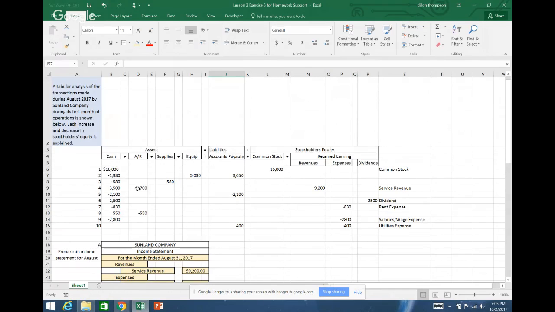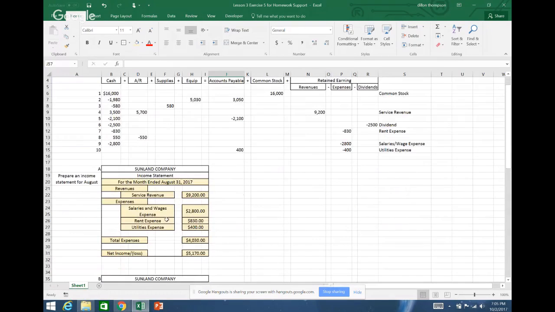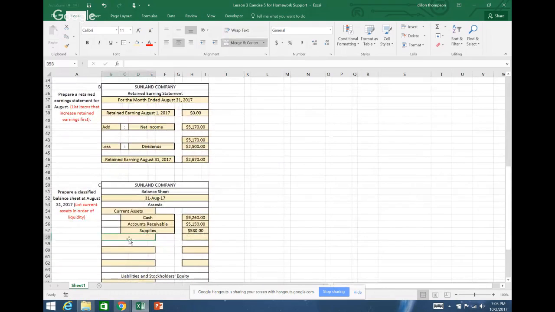Cash, accounts receivable, and supplies. We then add up all of the total current assets. That totals to become $14,990.